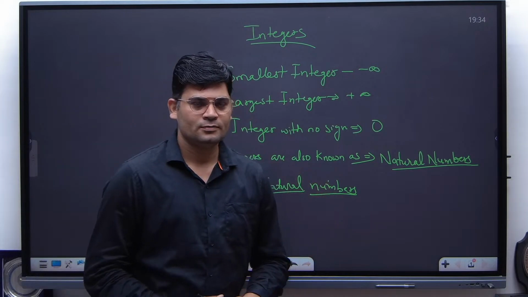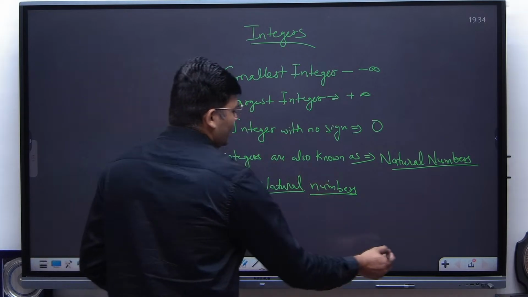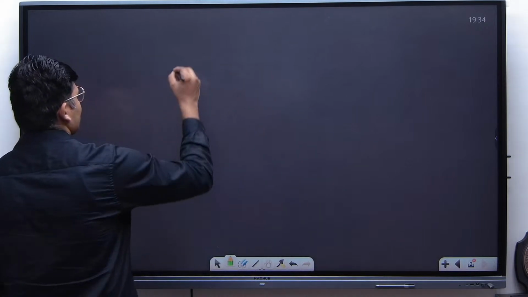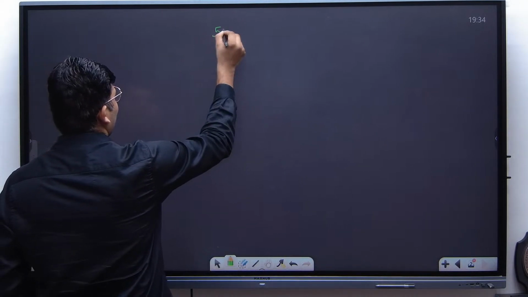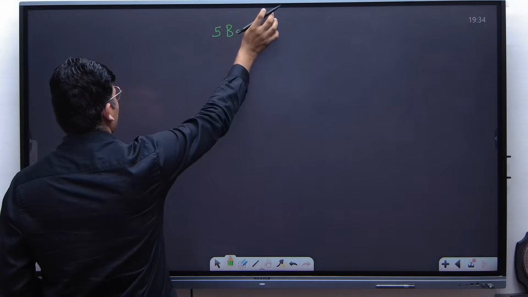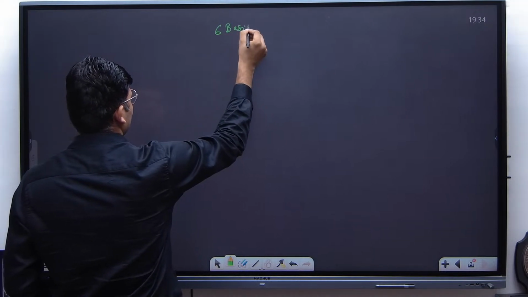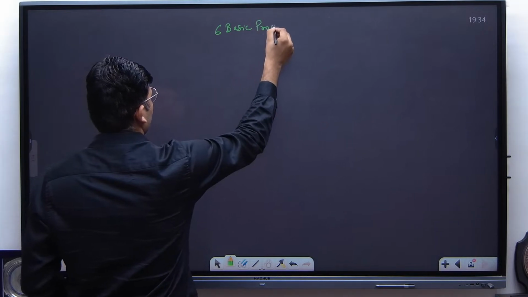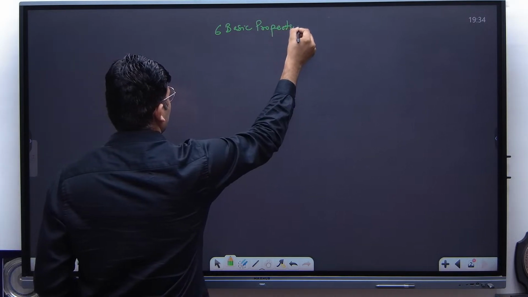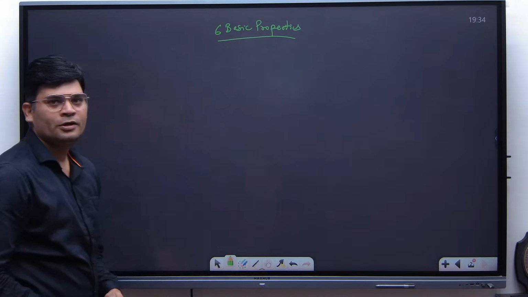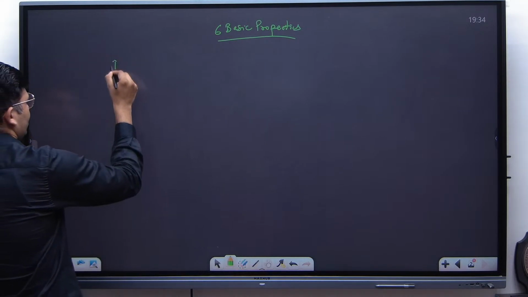All right. Then there are some properties in mathematics. There are 6 basic properties. So you should understand, first there is a number system.